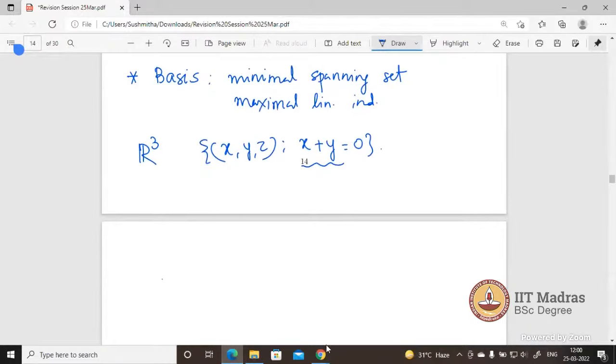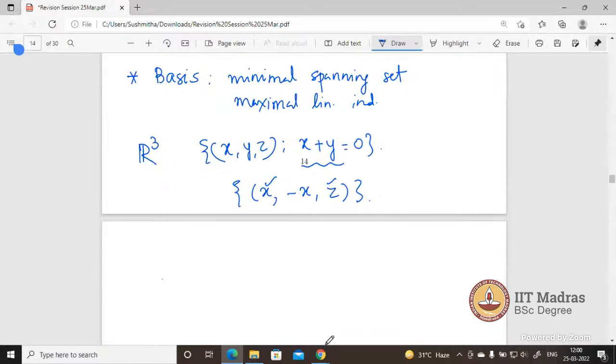Not a basis. I can write it as x, minus x, z, right? So I have two independent variables, x and z. Independent variables means I'm allowed to choose x and z however I want. So the dimension is 2.